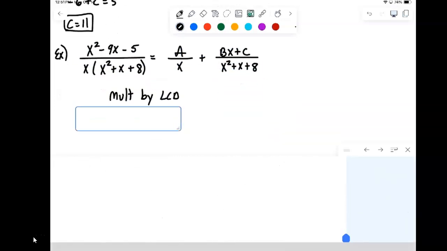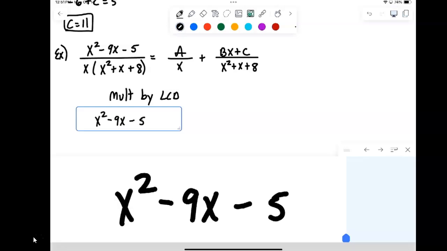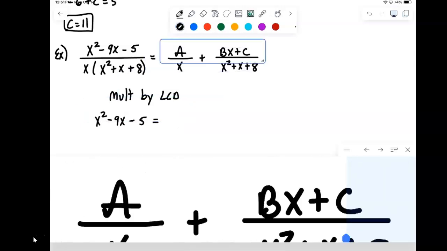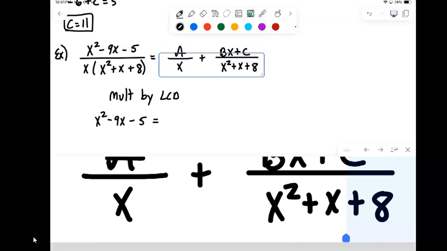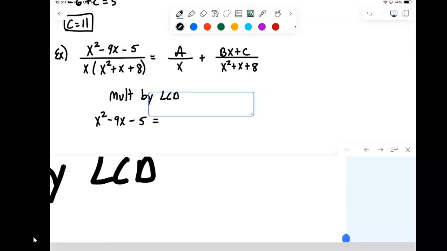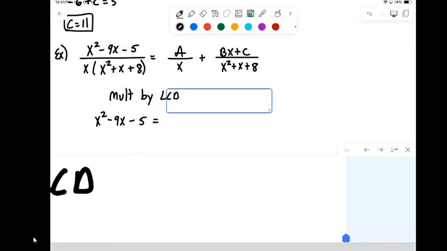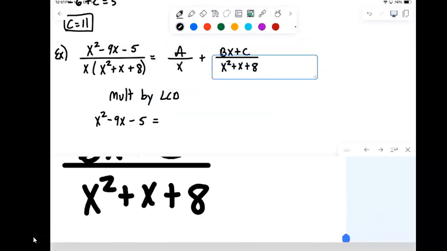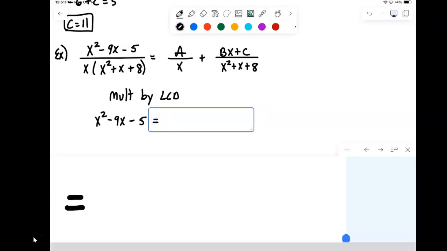So on the left-hand side, everything will cancel out, and we just get x squared minus 9x minus 5. On the right-hand side, the x will cancel out, times that denominator. So in other words, a times x squared plus x plus 8.